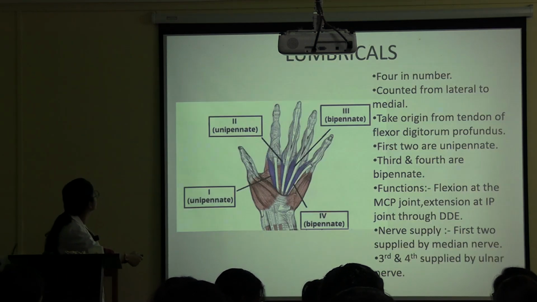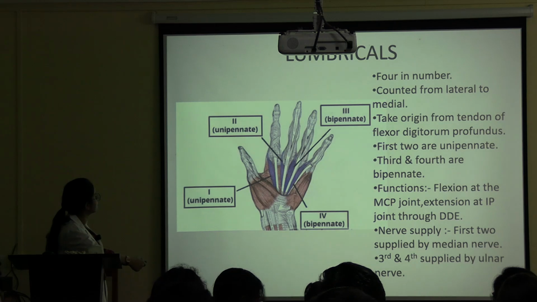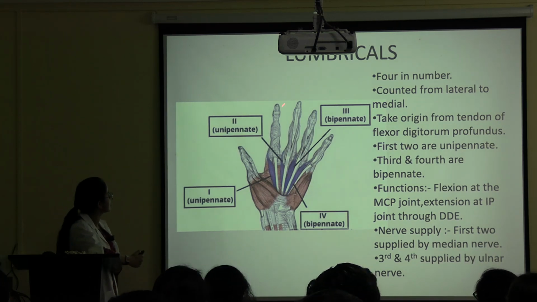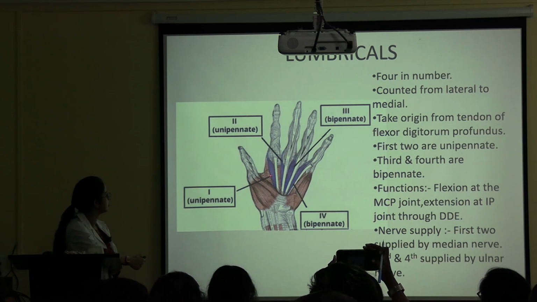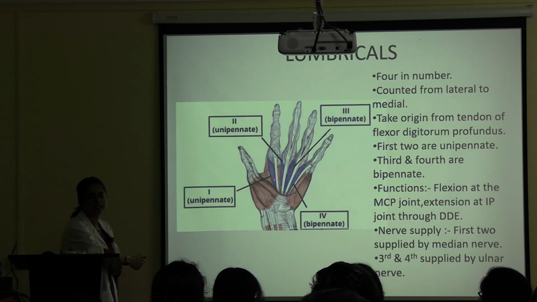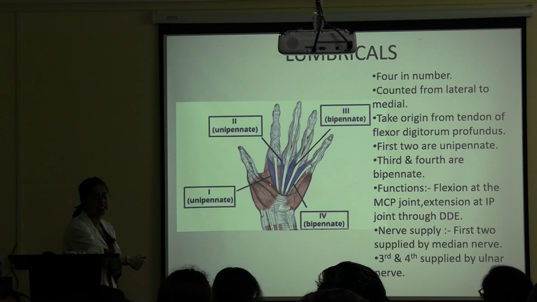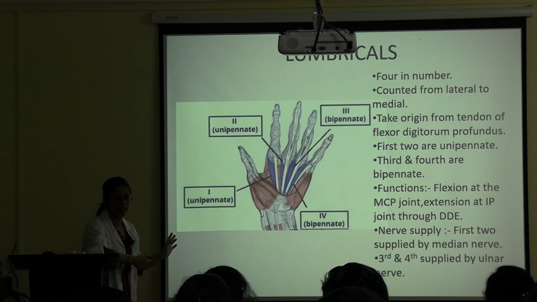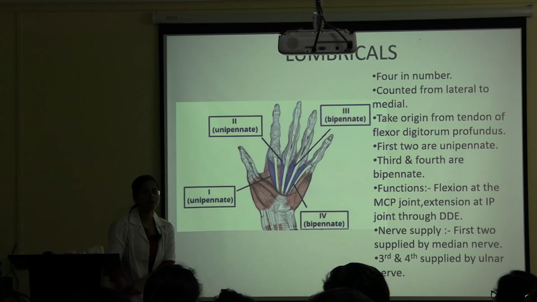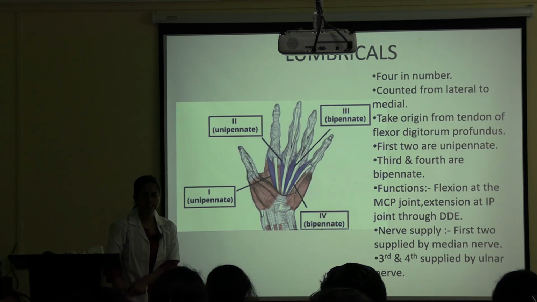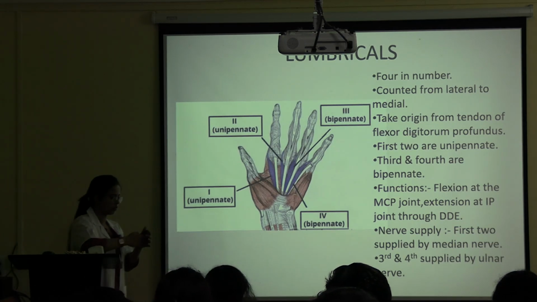Now, can you tell me where this first lumbrical is originating from? What is this finger? Index finger. What is this side, lateral or medial? Lateral. Towards the thumb is lateral. This is your anatomical position. Away from the body is lateral, towards us is medial.